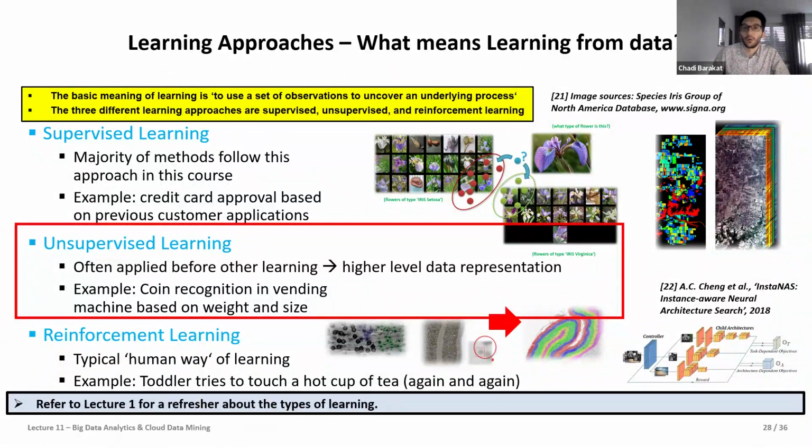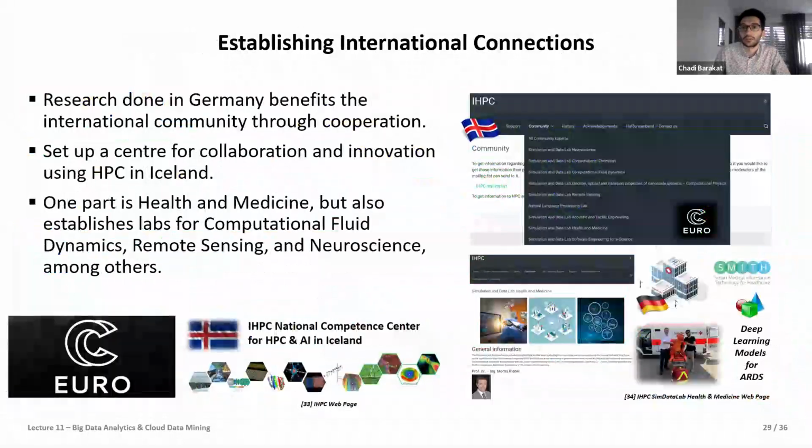Our part and our work here, let's say in my field, but also in machine learning, is to set up collaborations. And so a lot of the work that I've been doing is research done in Germany, but it's also related to the work being done by the IHPC community in Iceland, which is the National Competence Center for HPC and AI in Iceland. And this is an EU-funded project.